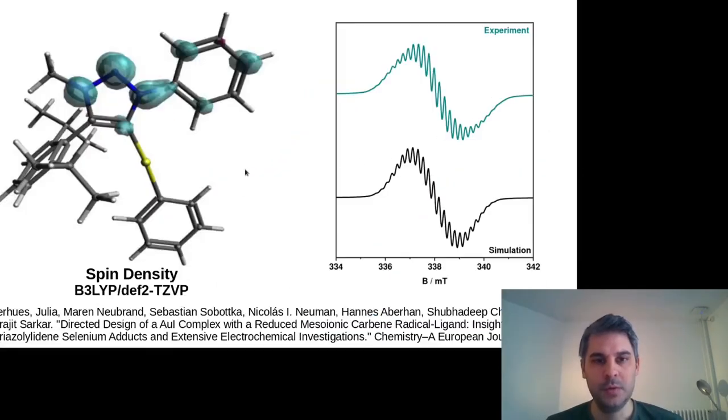So to show you the molecule, this is a mesoionic carbene complex of gold. It has 3 nitrogens here, a phenyl substituent, and the methyl group bound to one of the nitrogens.